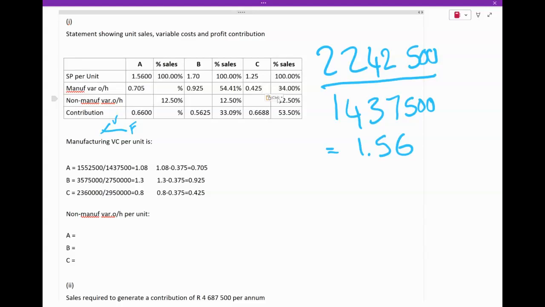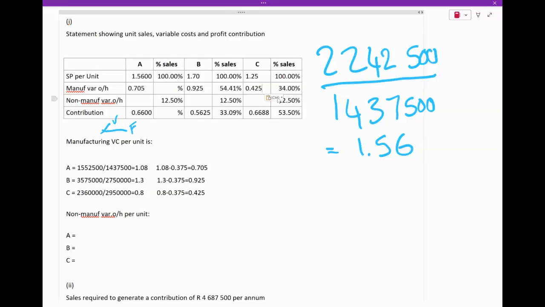We have our non-manufacturing overhead, which includes costs which vary with activity. The moment you say which vary with activity at a rate of 12.5%, you already know this is variable. Does that make sense? Because we know that variable costs vary with your output, or your level of production. Here they say 12.5% of your sales.